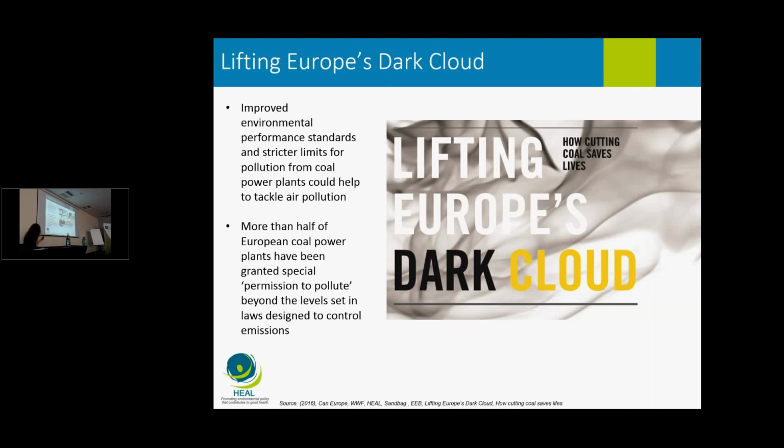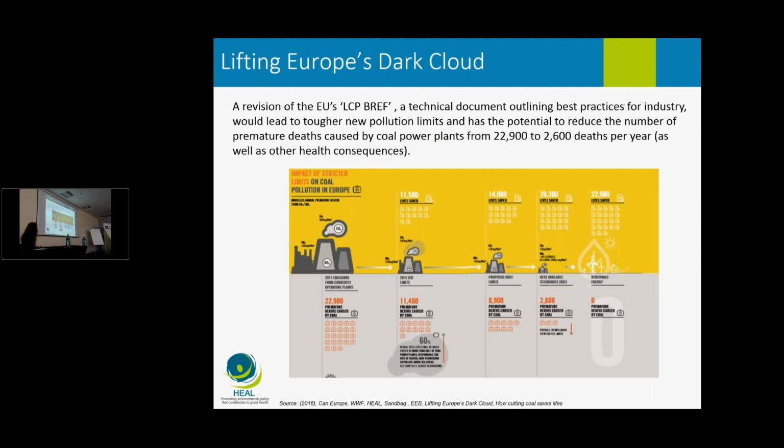And I guess the main conclusion from this report is that improved environmental performance standards and stricter limits could help tackle air pollution and stop increasing numbers of these premature deaths and health problems. That's a quick summary of how particular regulations like the already delayed IED limits can save lives.